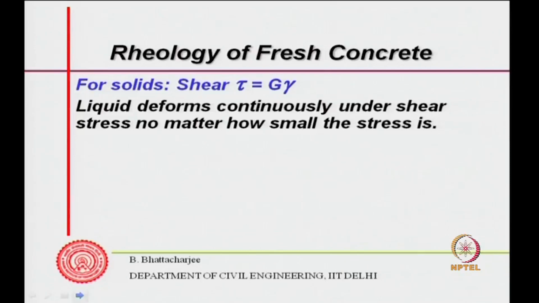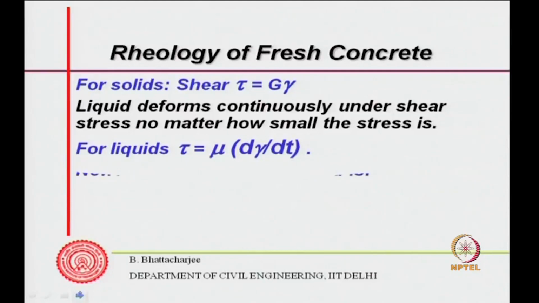A liquid deforms continuously under shear stress, no matter how small the stress is, and shear stress is proportional to viscosity multiplied by shear strain rate, because the velocity gradient can be expressed in terms of shear strain rate.